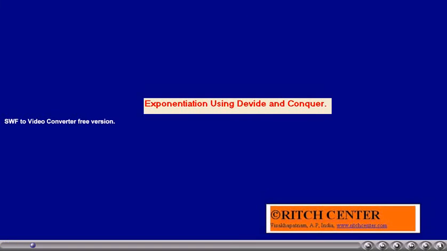In this module, we try to propose a method to calculate exponentiation value using divide and conquer procedure.